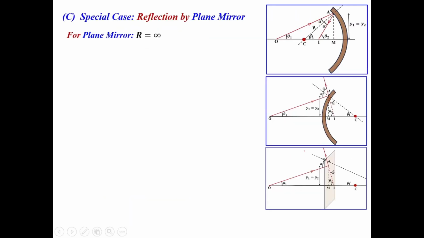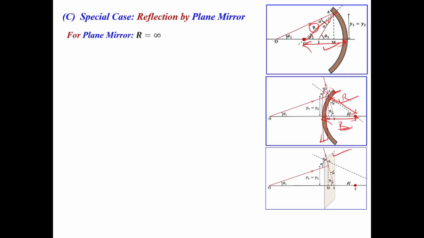Now let me consider the plane mirror. For a concave or convex mirror we have a radius of curvature, a definite length. For concave, this length is the radius of curvature, and for convex, this length is the radius of curvature. But just imagine this concave mirror becomes flat like this, what I represented here, the so-called plane mirror.